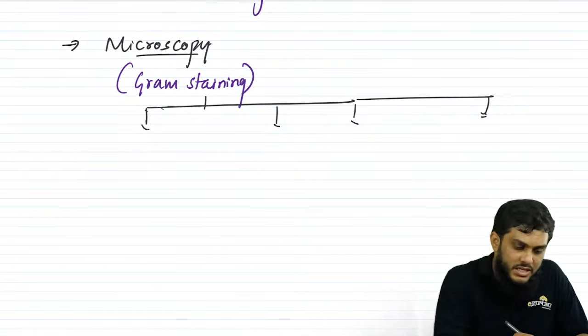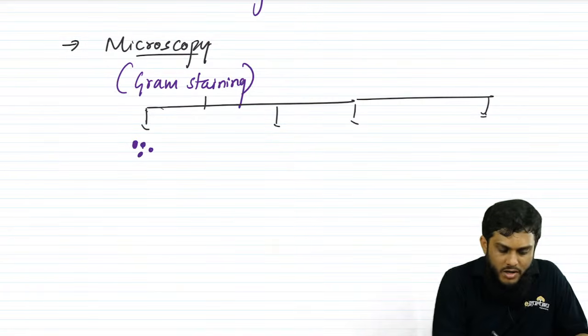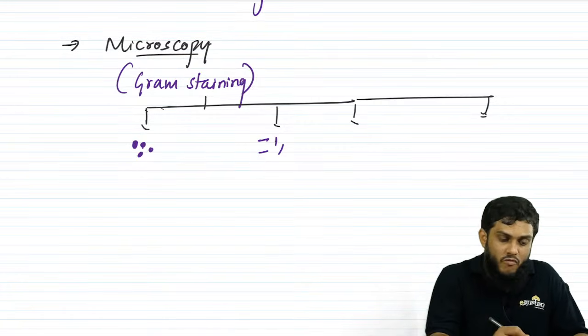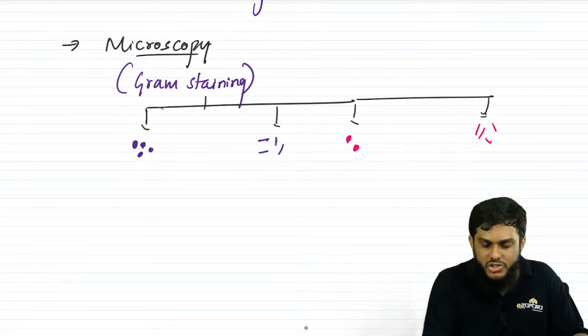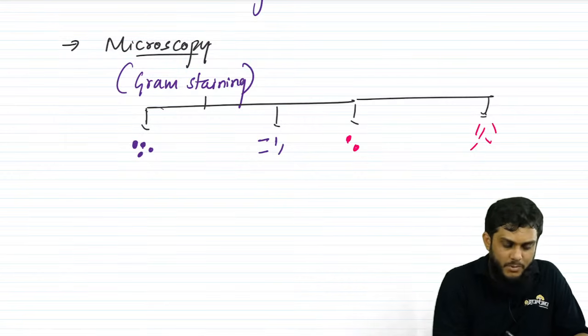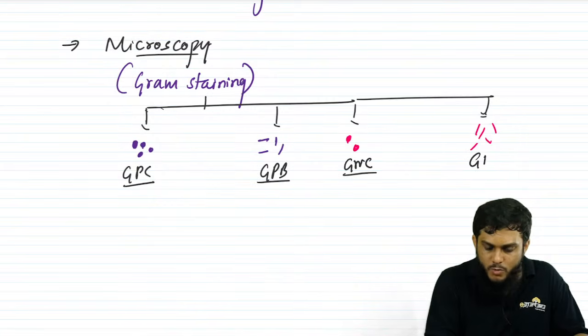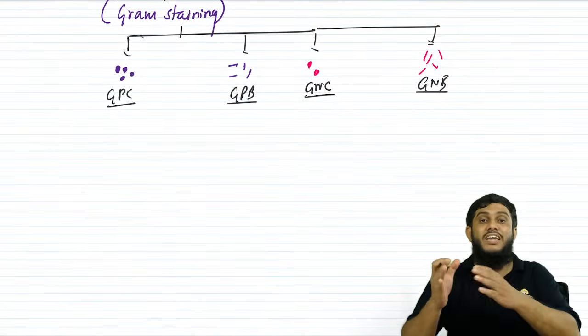We can see bacteria violet in color, round in shape, or violet in color, rod in shape. Or we can see bacteria which are pink in color, round in shape, and pink in color, rod in shape. That is nothing but gram-positive cocci, gram-positive bacilli, gram-negative cocci, and gram-negative bacilli. First, by looking at the color and appearance, we'll get an idea and we can narrow down.